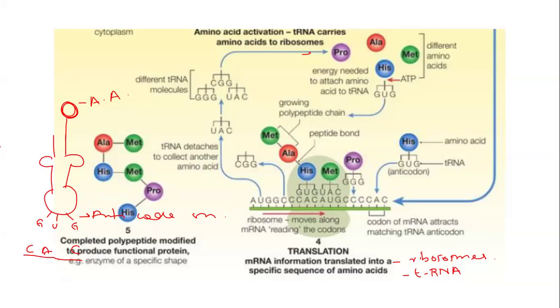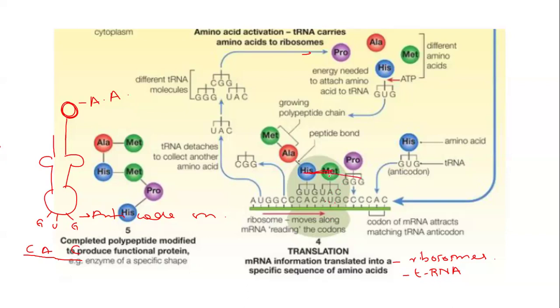Whatever amino acid CAC is coding for, it will bring that amino acid with it. Right? Then the ribosome will move on to the next part. It will say, oh, we have AUG next. So can the transfer RNA that has the matching anticodon come? Whichever transfer RNA matches, that transfer RNA will come, and it will bring with it the amino acid that matches the code.